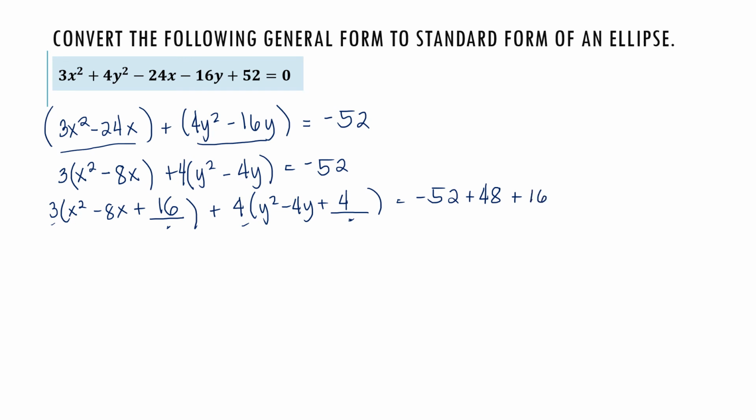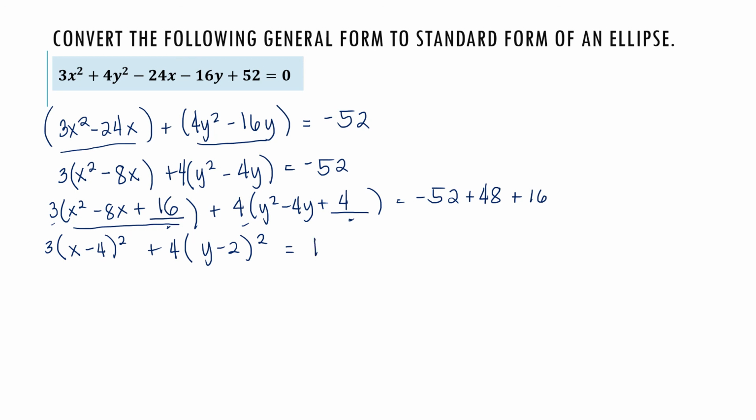Okay? Now, factor natin. 3. Ano ang factor nito? Okay, we have x minus 4 square. Next, ito naman kay y. We have y minus 2 square equals negative 52 plus 48 plus 16.